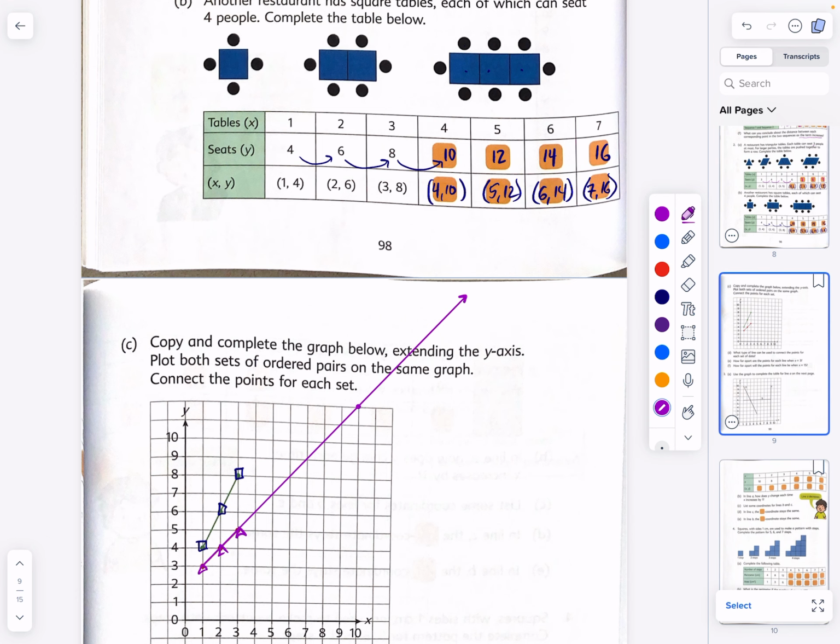So for 10 tables, for 10 triangular tables, we will have 12 chairs according to our graph. And the same thing would happen if we extend the square tables.